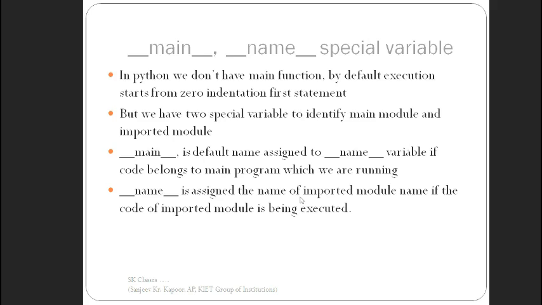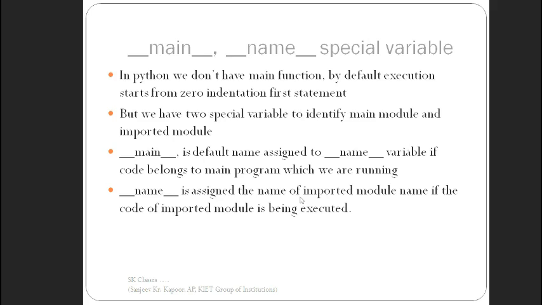But these two special variables can help us to know where our program started, and during the execution, whether the file which we are executing is actually being executed, or some imported file is being executed.